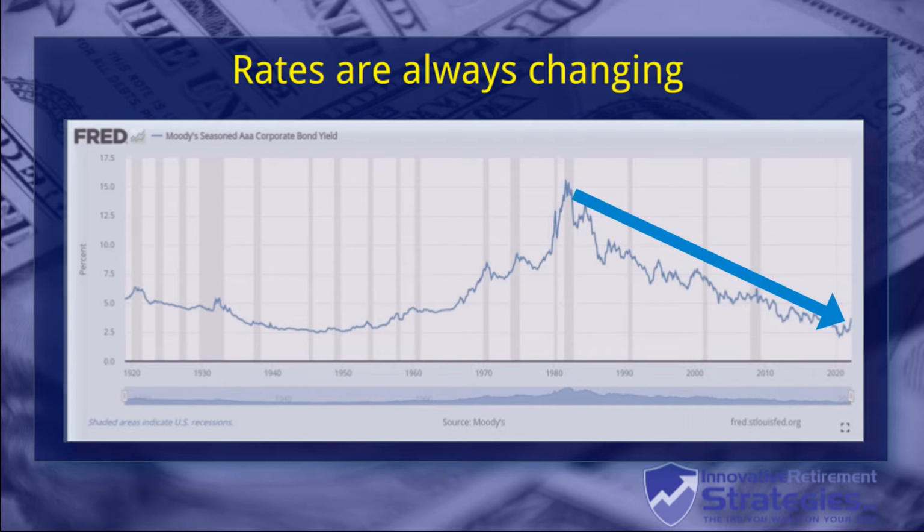And then ever since 1982 to the present, they've been in a downward trend. So this shows you that any policy written since 1982, the farther back it is, the higher the crediting rate that would have been shown on the illustration.